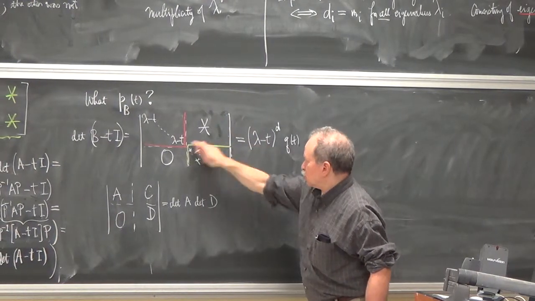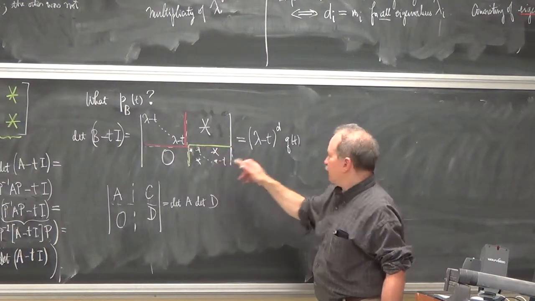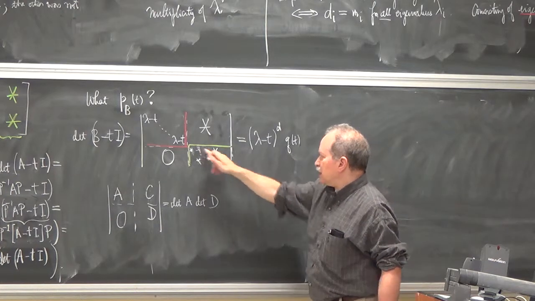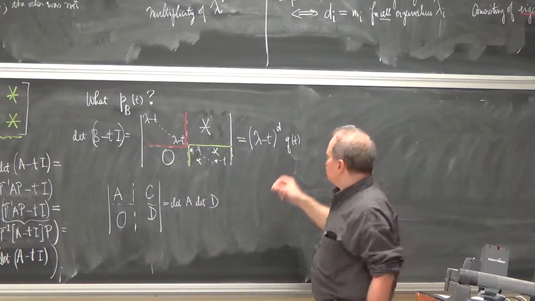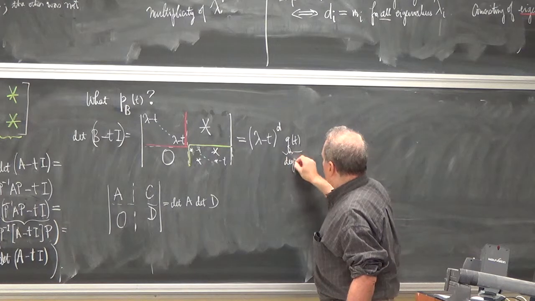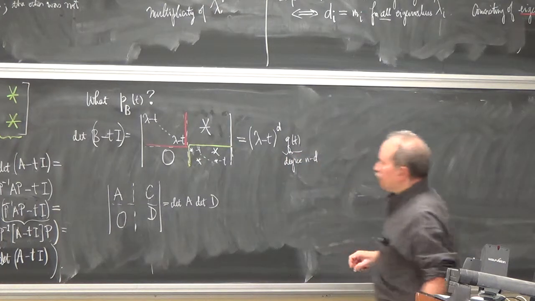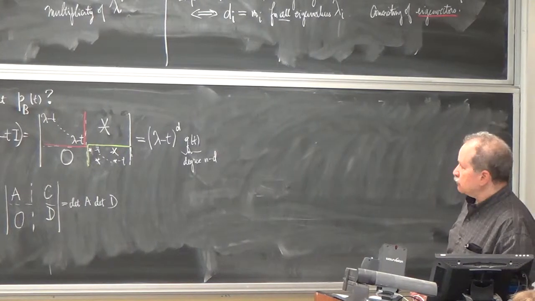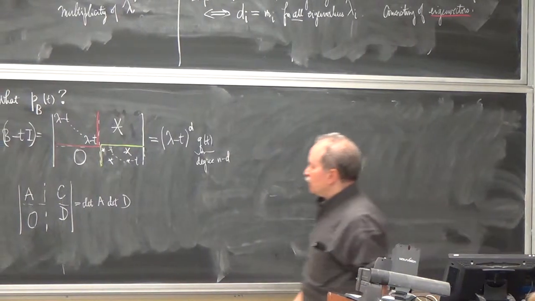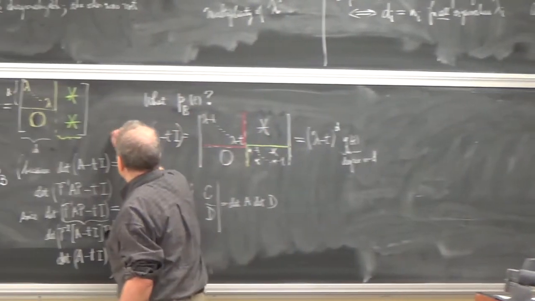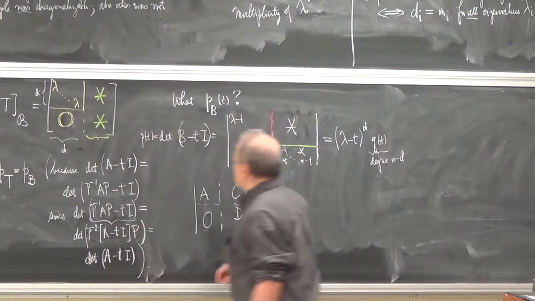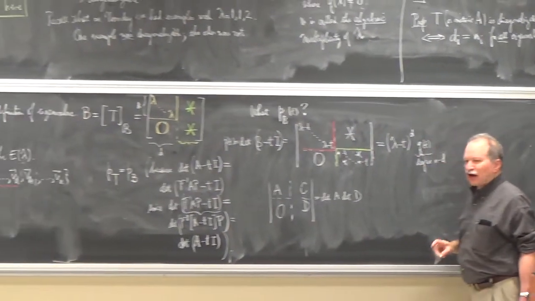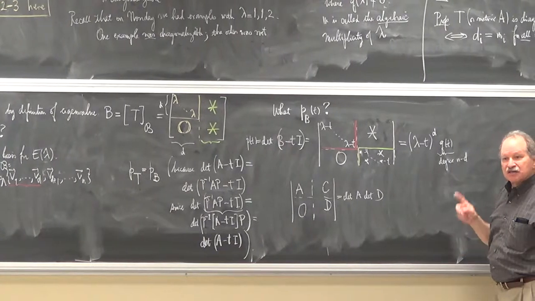And I'll get the determinant of this block. It's some polynomial in t of degree equal to n minus d. All right, why are we done? This is supposed to be the same as the original characteristic polynomial, in which we said the algebraic multiplicity was m.